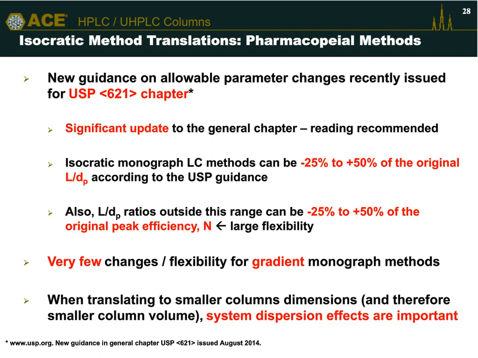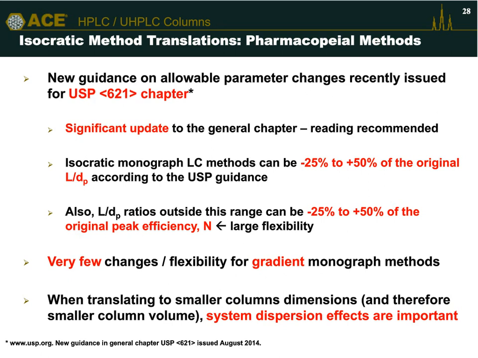A key point to remember for monograph translations is when you convert to smaller column dimensions, it's so important that you think about the extra column band broadening effects of your instrumentation.